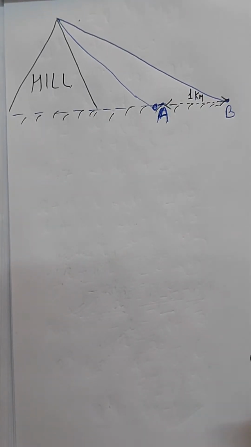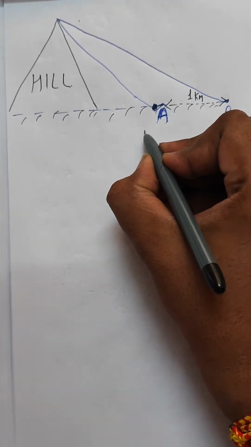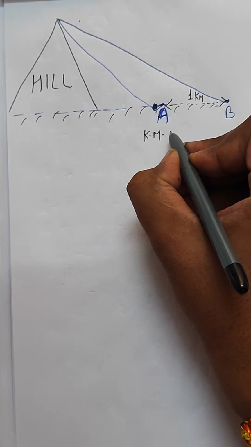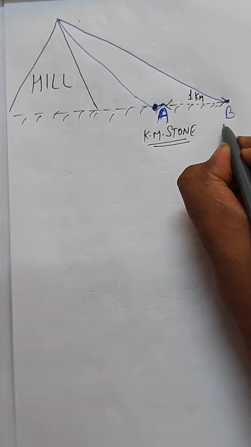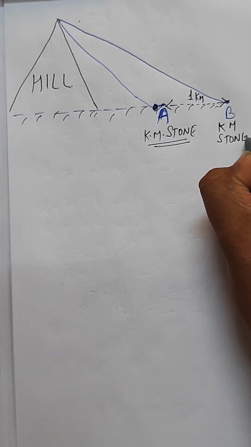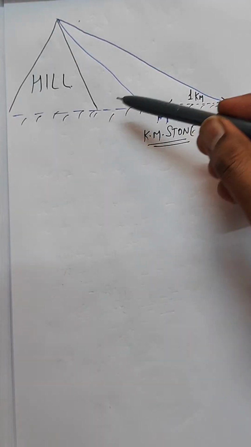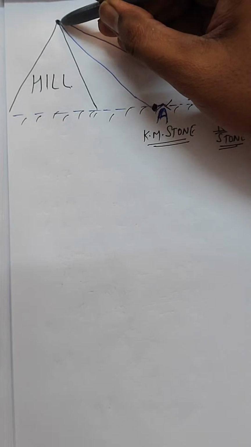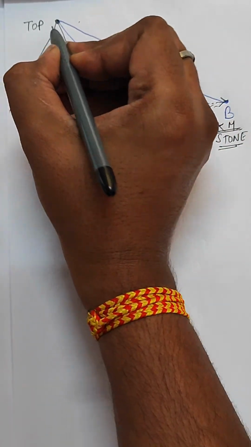Then you can see the angle of depressions of these 2 kilometer stones, this is a kilometer stone A, and this is also a kilometer stone B.